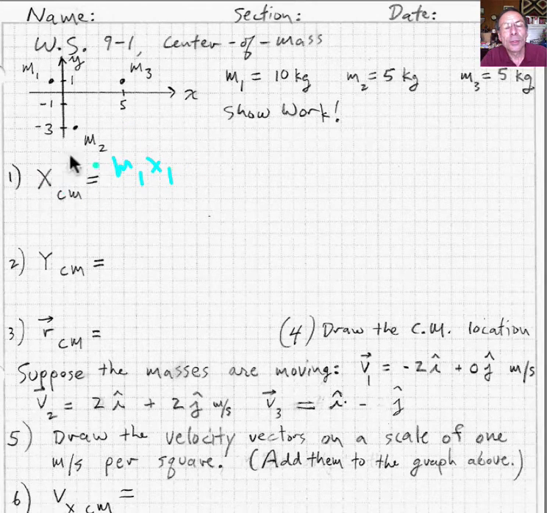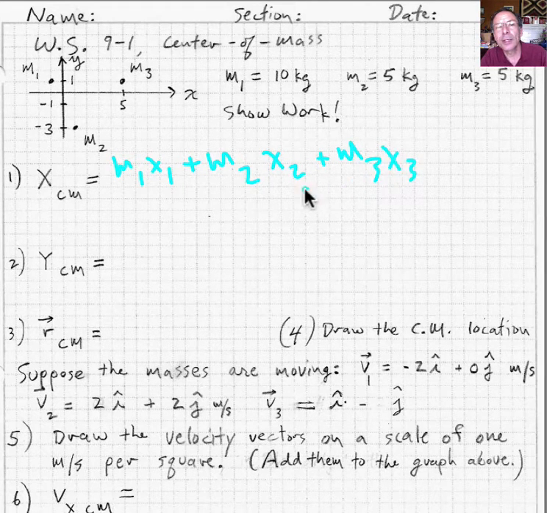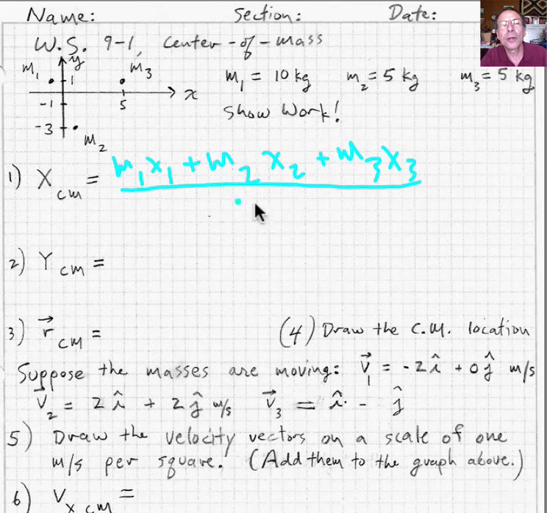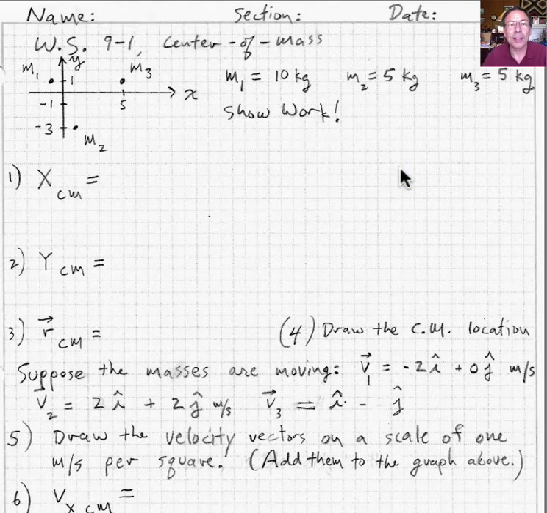And so the position of the overall center of mass is going to be this: M1 X1 plus M2 X2 plus M3 X3 over M1 plus M2 plus M3. Okay, now I can't draw small on this screen, but I would expect you to show me this formula on what you submit. Okay, but I'm going to have to clear the screen here.